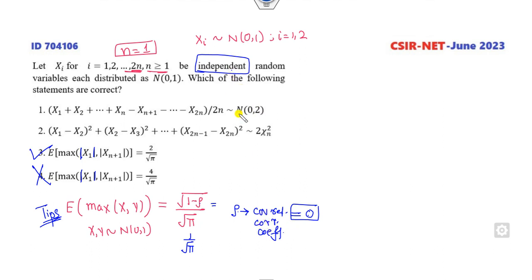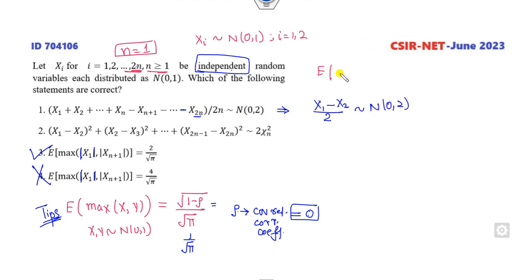Now look at the first and second options. If I take Xi, i from 1 to 2, the first option becomes, basically with n as 1, X1 minus X2 divided by 2 into 1, which is 2. Does it follow the normal distribution? We can think about that.